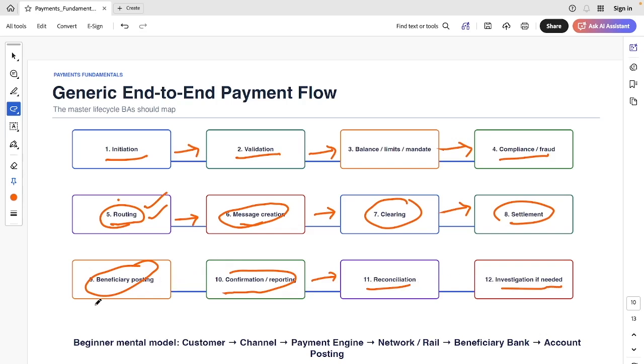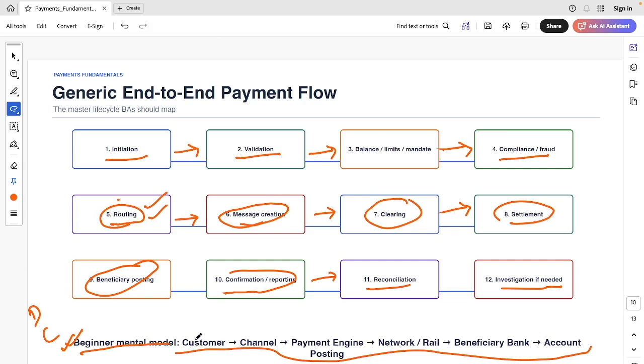So many beginners only see the debit and credit, but the bank manages the full hidden journey behind the scenes. Just for your memory, you can keep this model as your reference whenever you are asked about the end-to-end payment flow.